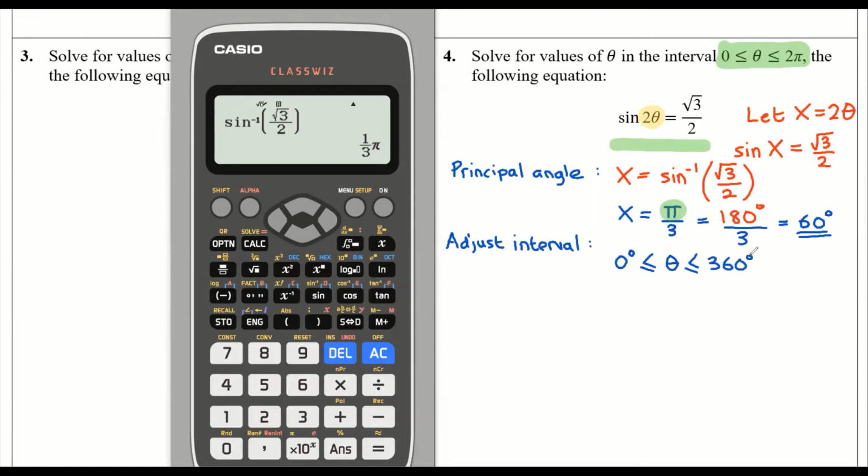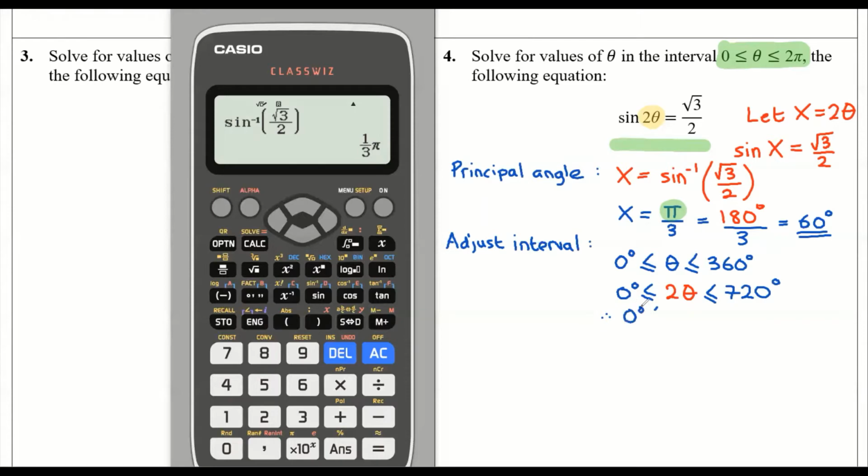Now, we have to make an adjustment because it's not theta we're finding, it's 2 theta. So I need to double the whole thing. So if I change that to 2 theta, I've multiplied it by 2. And if I double 360, you'll get used to this, you'll get 720.